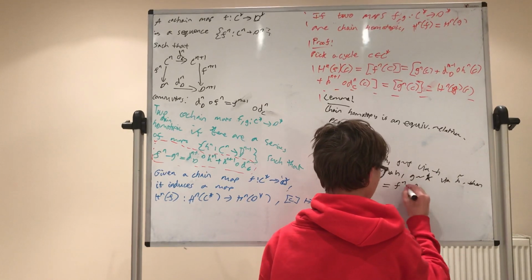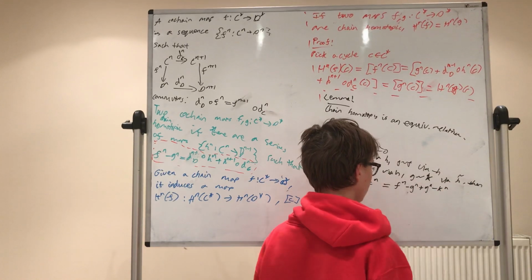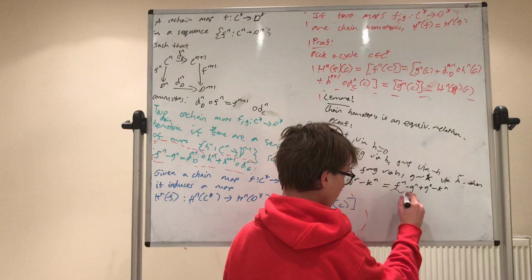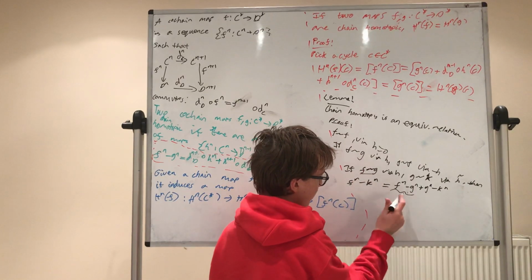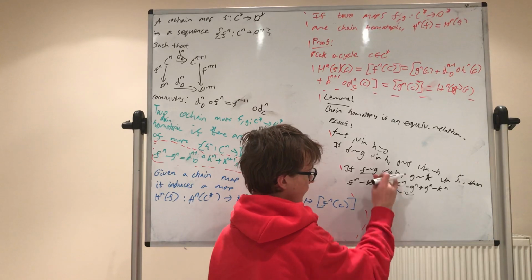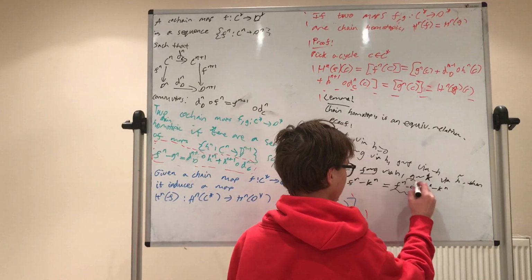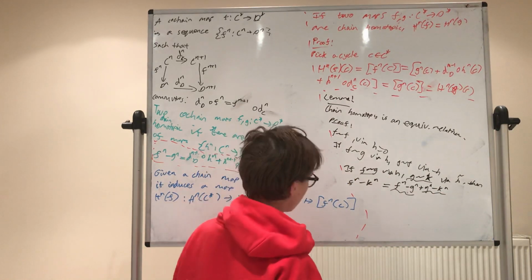Sorry, we're going to actually have a minus sign here. Plus Gn minus Kn. Well, would you look at that? Because F is chain homotopic to G, this right here can be expressed like this. And again, because G is chain homotopic to K, this right here can be expressed like that.